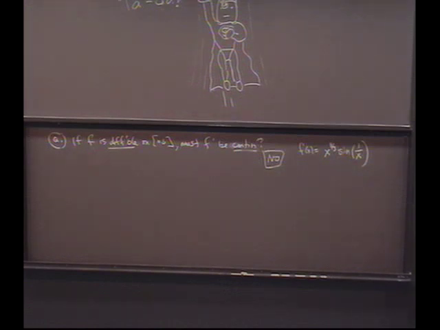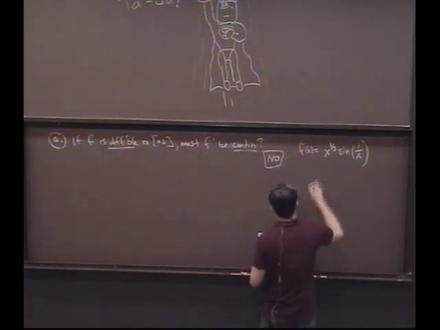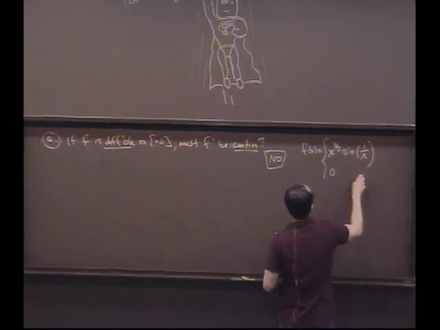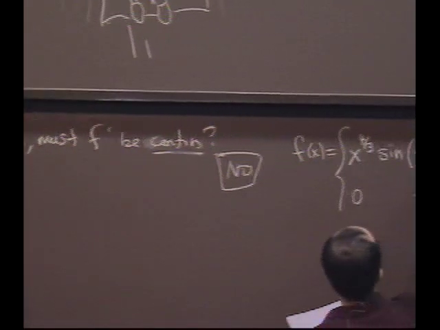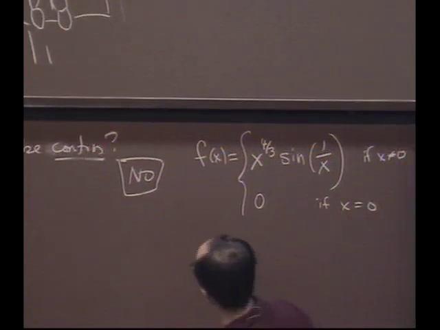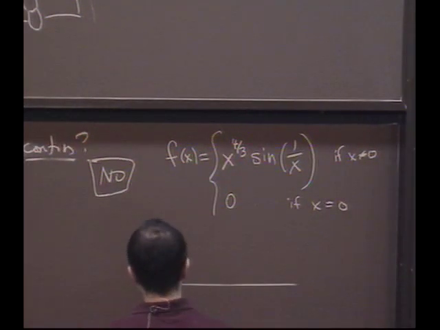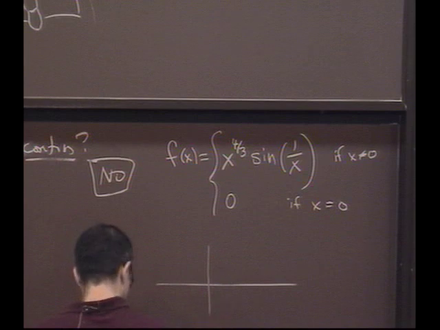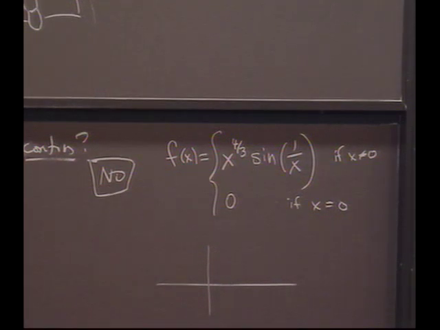The amplitude will be x to the 4/3. And let's define it to be 0 if x is 0, and f if x is non-zero. So let's just see what that function looks like. Oh, what fun. This is cool. Let's see. Looks something like this.